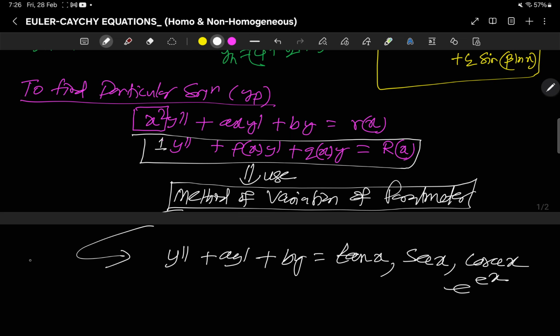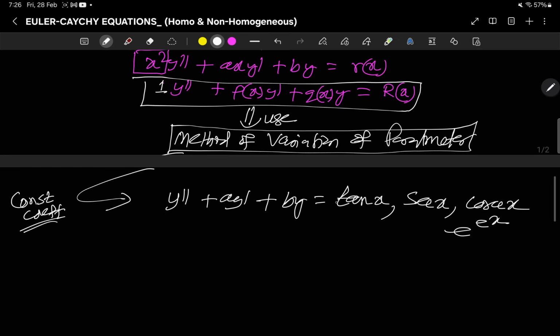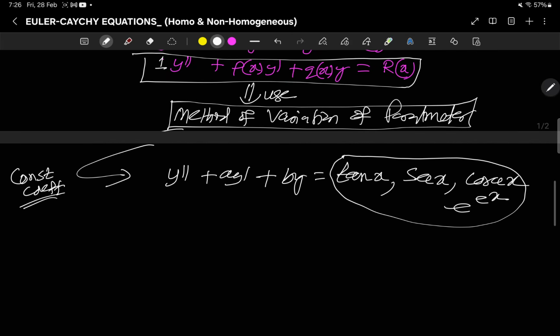I am talking about constant coefficients. Then what will happen? These do not resemble their derivatives. Okay. Then your previous method will not work. Method of undetermined coefficients will not work also. Right? Method of undetermined coefficients.